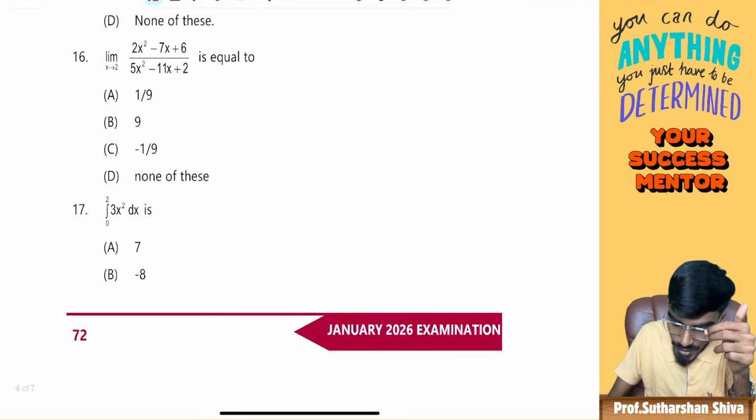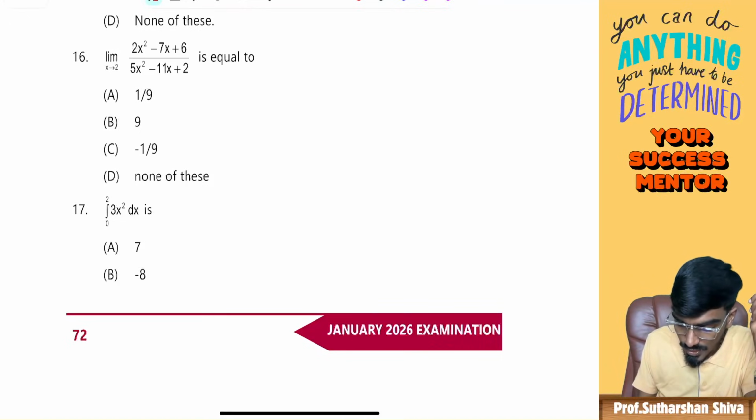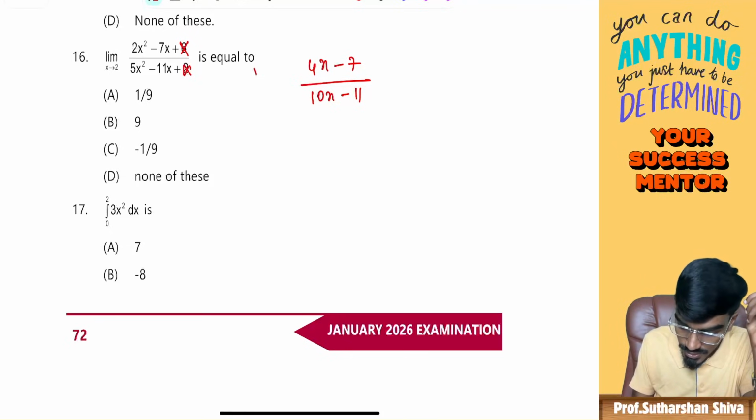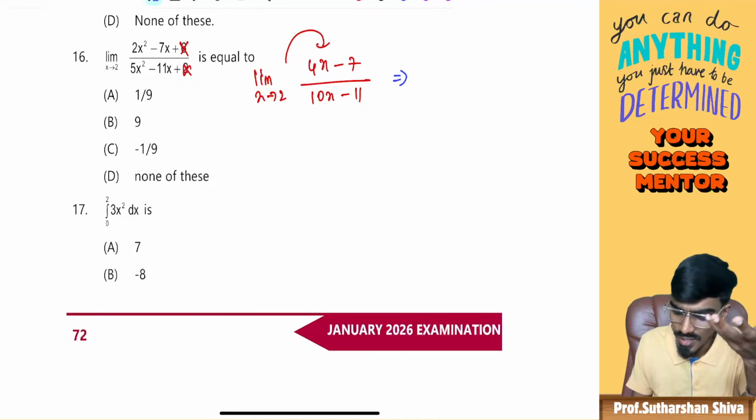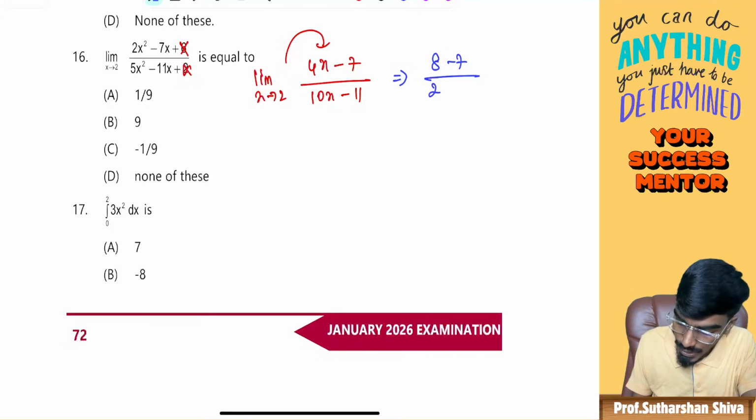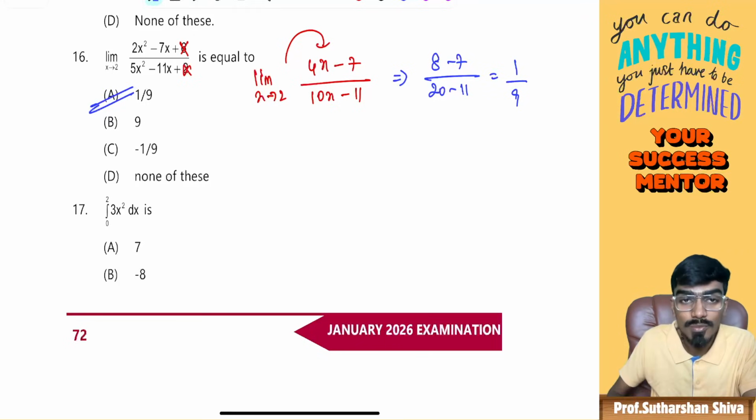First differentiate with respect to x. It will become 4x minus 7 divided by 10x minus 11. Then limit x tends to 2. Now we will be substituting over here. So it will become 8 minus 7 divided by 20 minus 11, which is equivalent to 1 by 9. So my answer is option A.